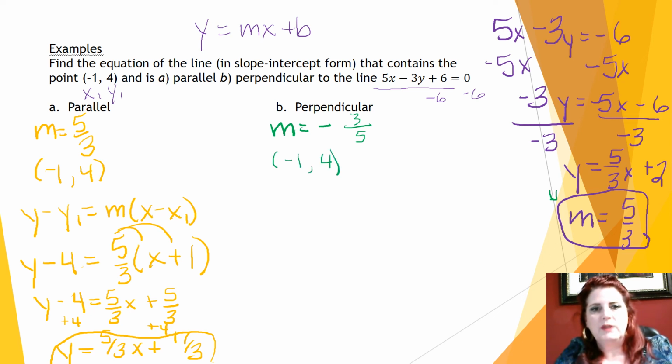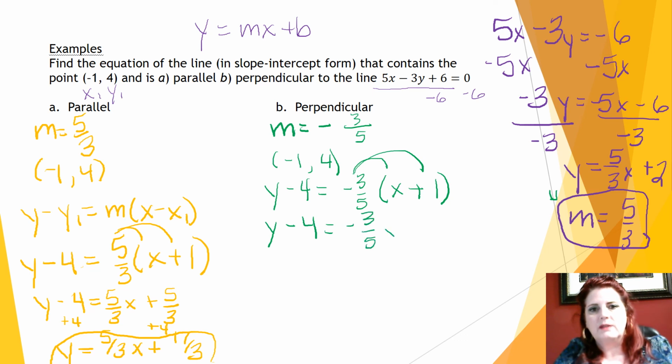So using that point slope form, y minus 4 is equal to -3/5 times x minus a -1, which is like adding a +1. And once again, we're going to solve for y. We'll first distribute that -3/5, and we get y minus 4 equals -3/5 x minus 3/5.